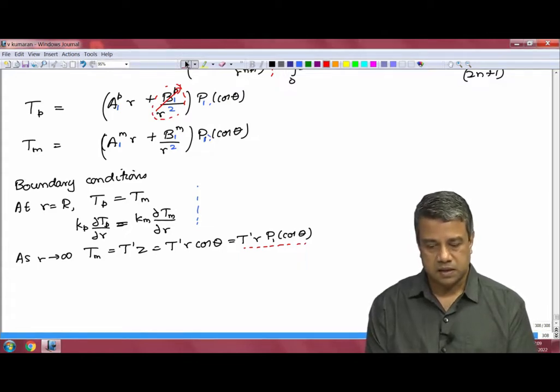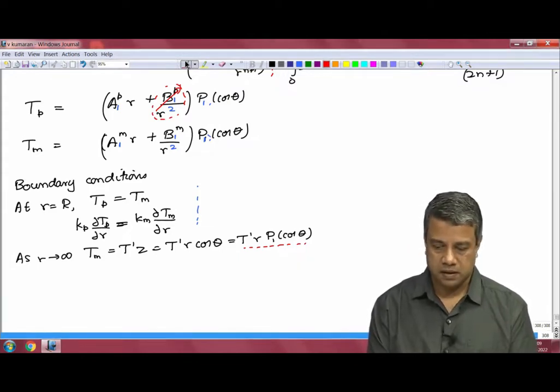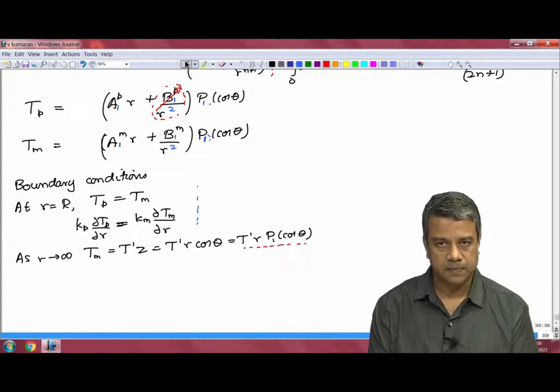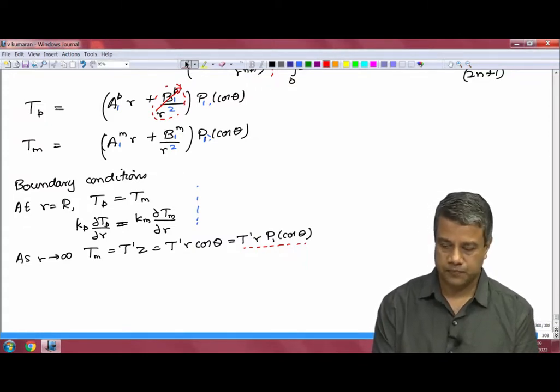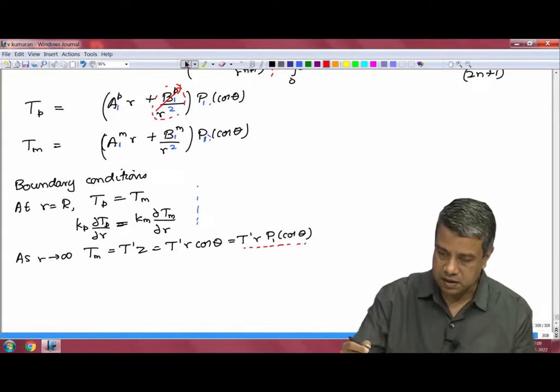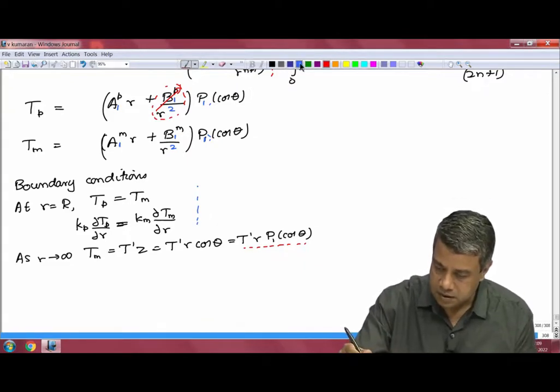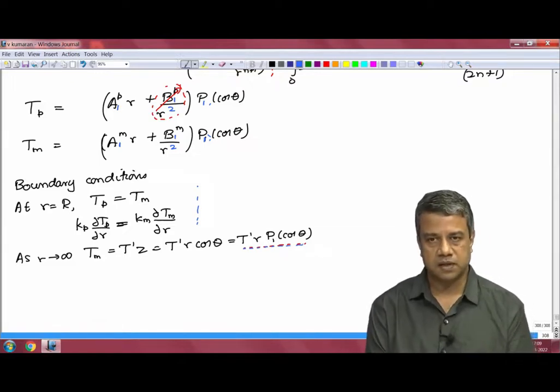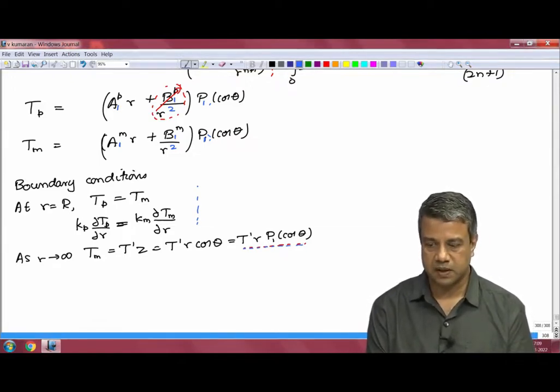In the matrix, as r goes to infinity, the coefficient proportional to B1m goes to 0. The coefficient proportional to A1m increases proportional to r. And you have the condition that the temperature has to be equal to T prime r times P1 of cos theta as r goes to infinity.